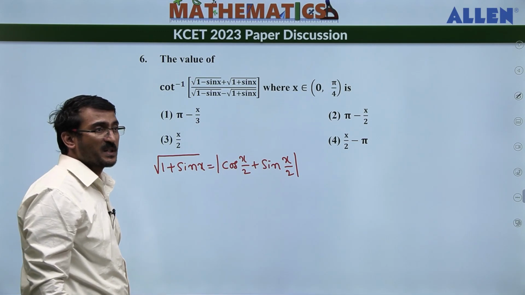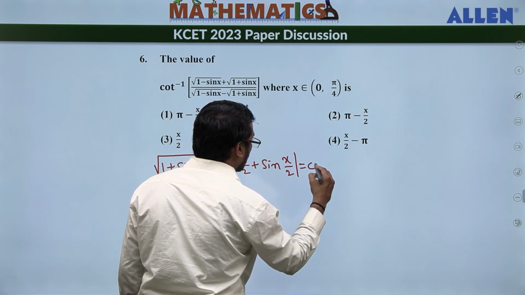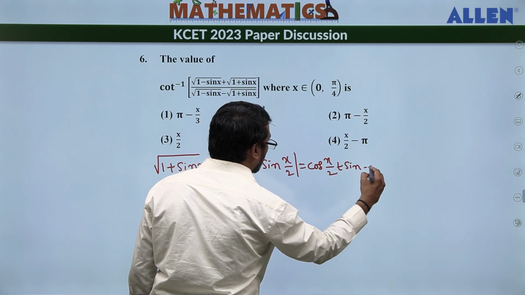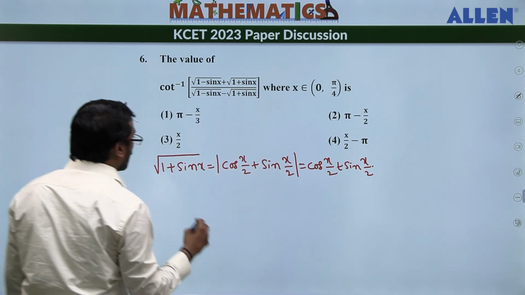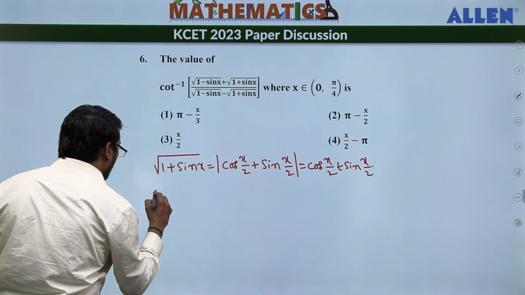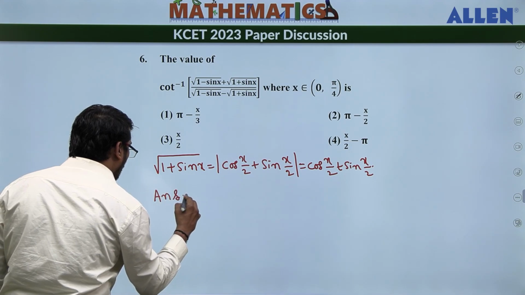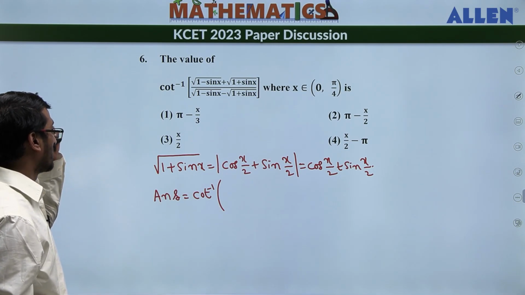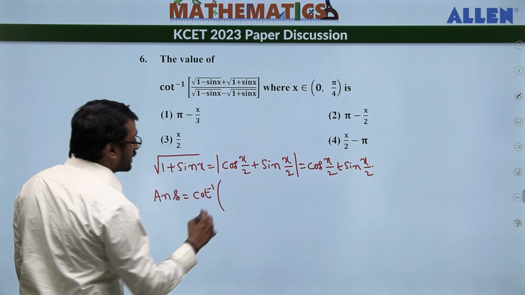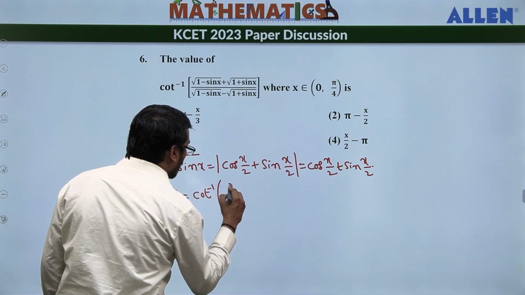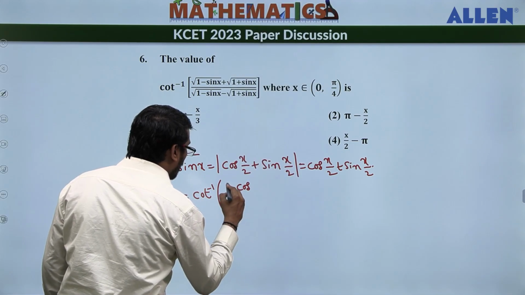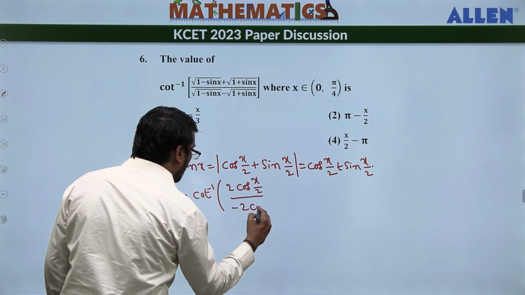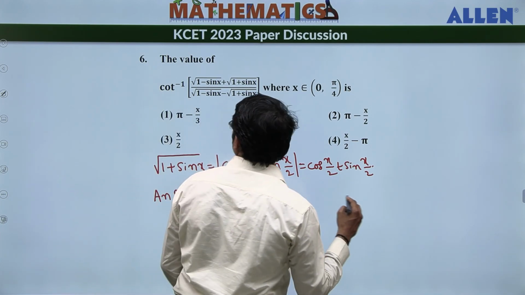Cos x by 2 is positive, sin x by 2 is positive. That becomes cos x by 2 plus sin x by 2. So, now what is the answer? Cot inverse of. So, the numerator becomes 2 cos x by 2. Denominator becomes minus 2 sin x by 2.